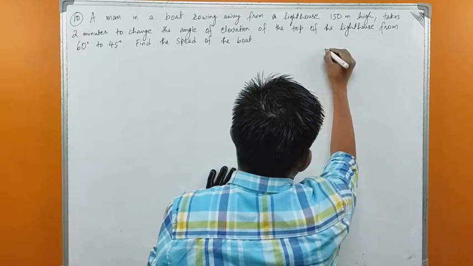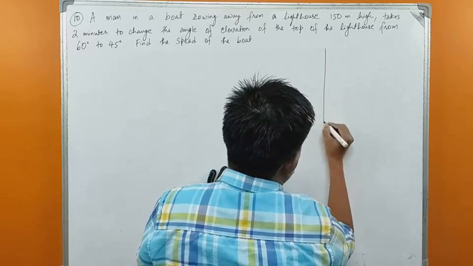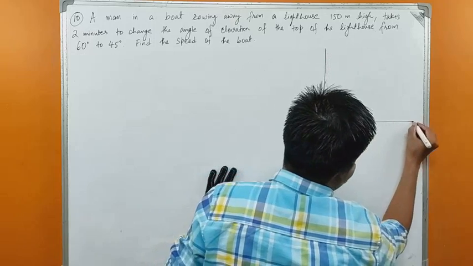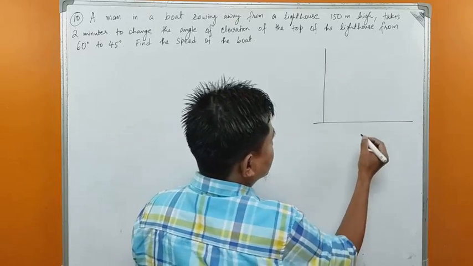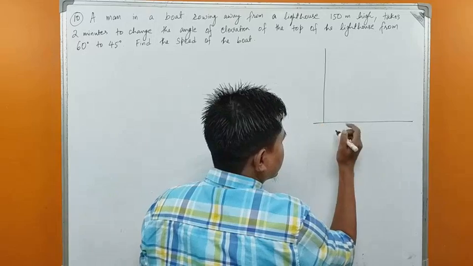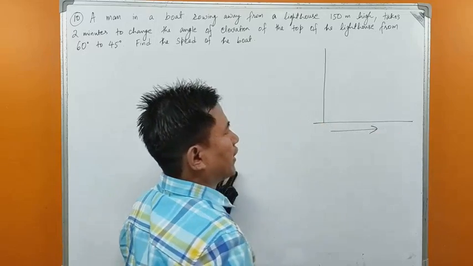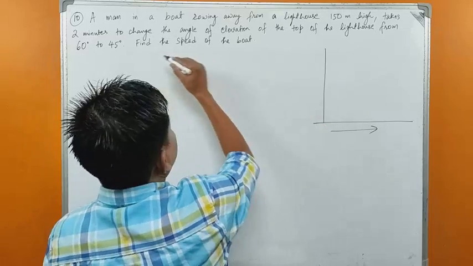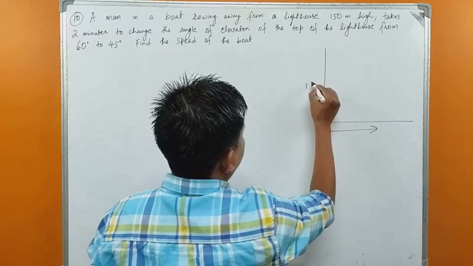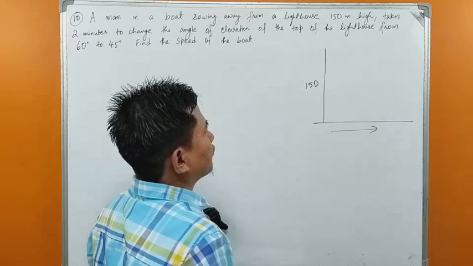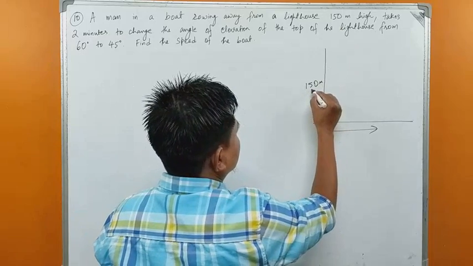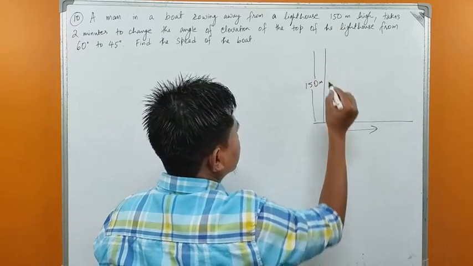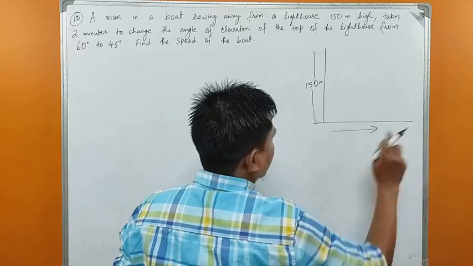So this is a lighthouse and this is a water body. A man is rowing away in this direction, away from the lighthouse. The height of the lighthouse is given to us, 150 meters.